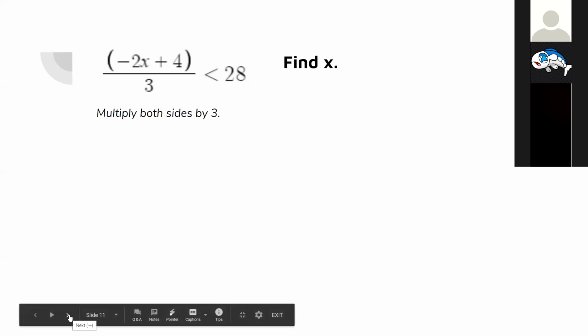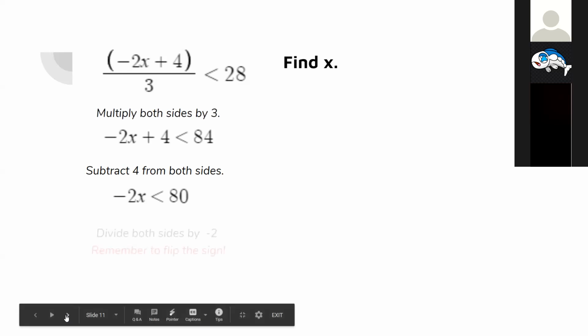To solve this, we would multiply both sides by 3. And then we would get -2x plus 4 is less than 84. Then subtract 4 from both sides, and we get -2x is less than 80.